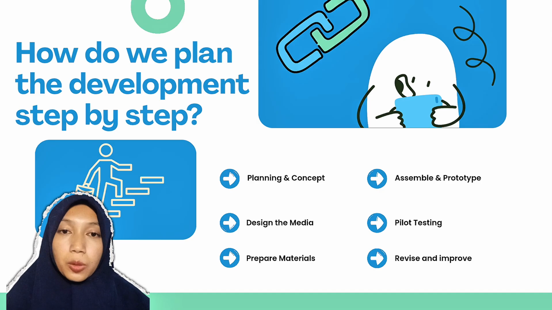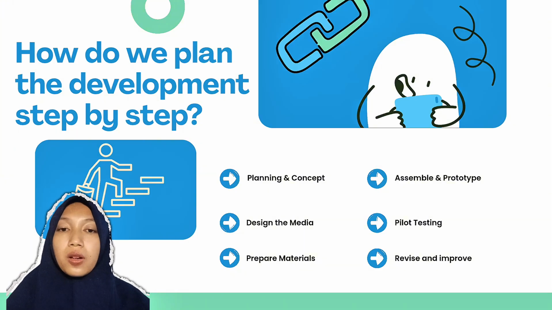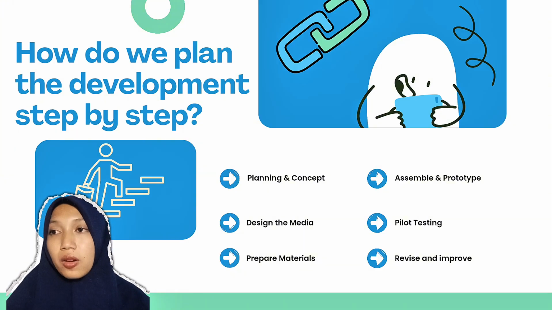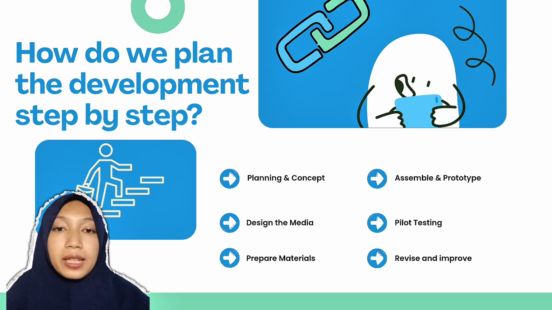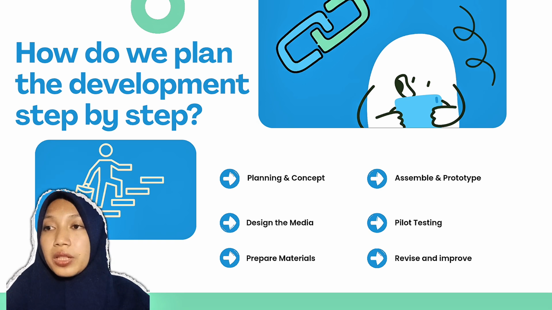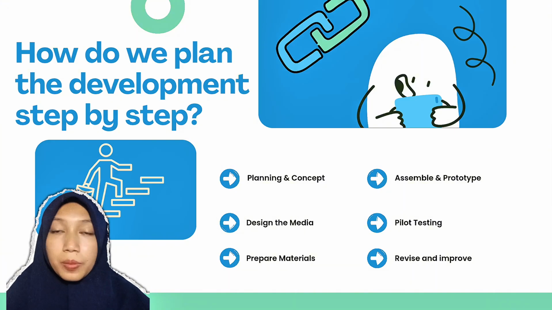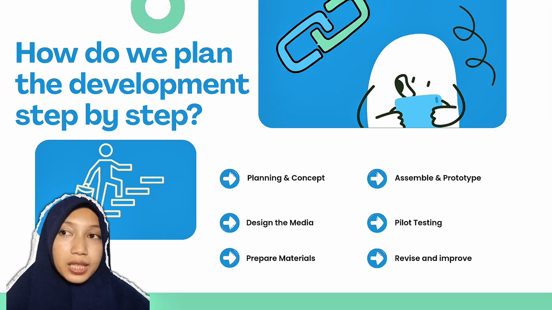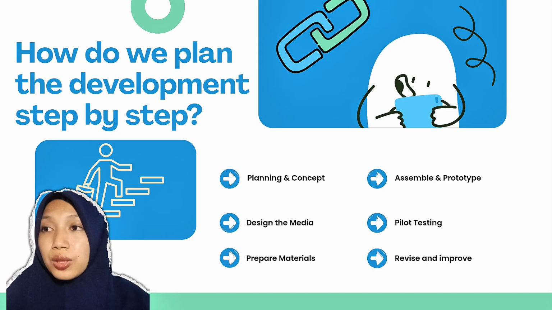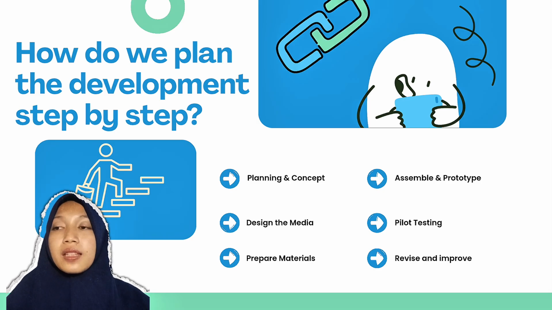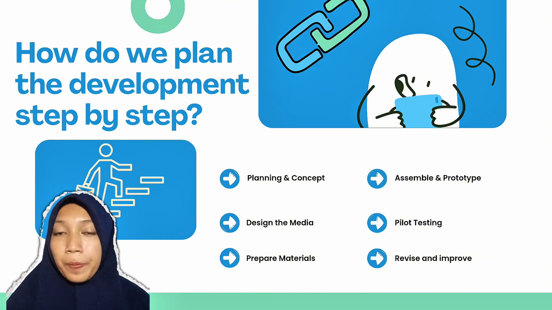Spin 1 is for topic selection, and spin 2 for writing challenges or roles. And then second, we design the media. We draw the spinner layout, assign topics to spinner 1 segments, assign writing challenges to spinner 2 segments, and then design the pointer and center mechanism for smooth spinning.